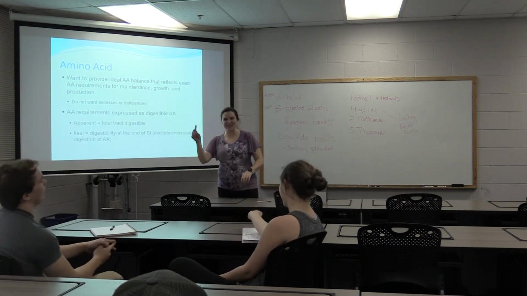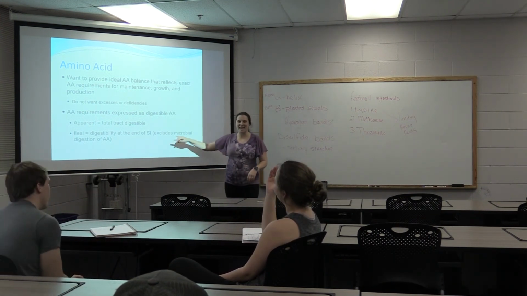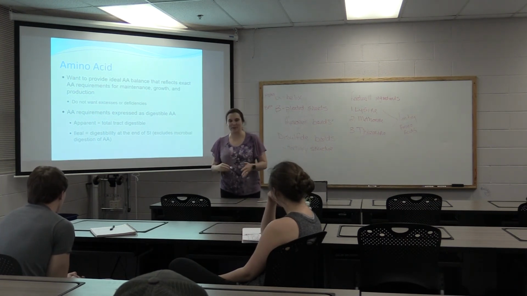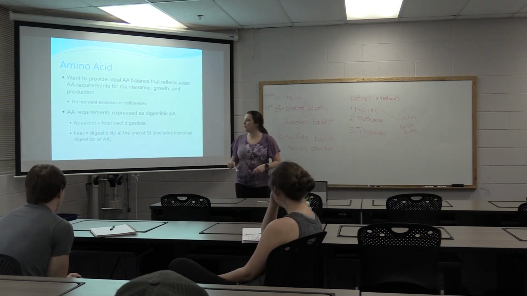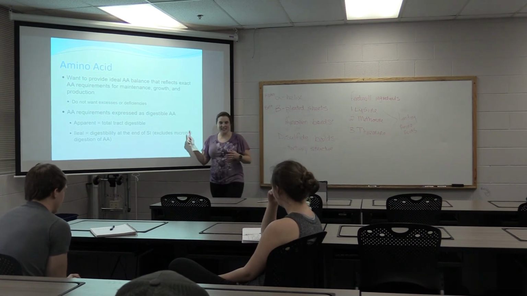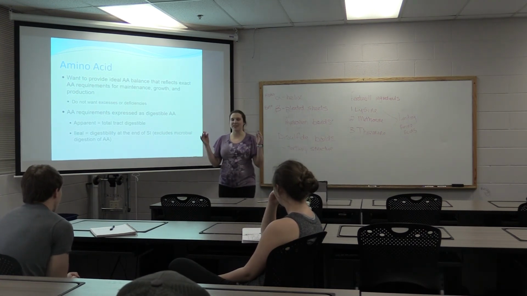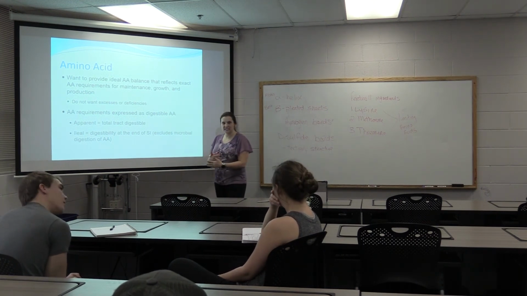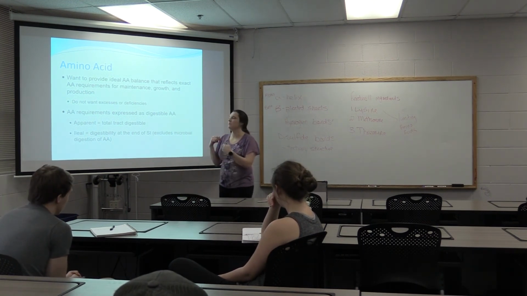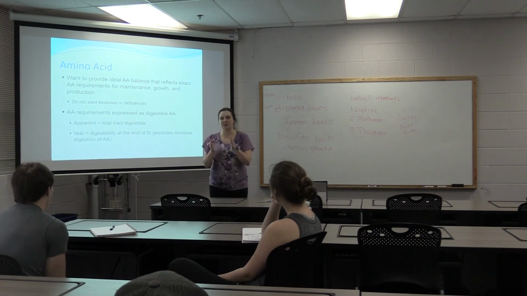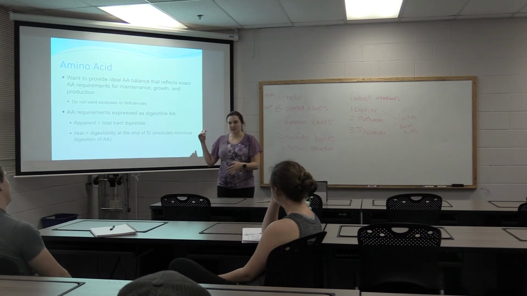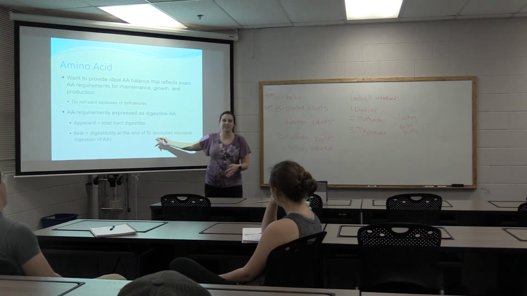So the ileum is the last part, and there's the least amount of absorption happening in the ileum. So you can euthanize the animal and take what we call the ileal contents. You collect the feces before you euthanize them, and then you euthanize them and take the ileum. And then you can compare apparent versus ileal.